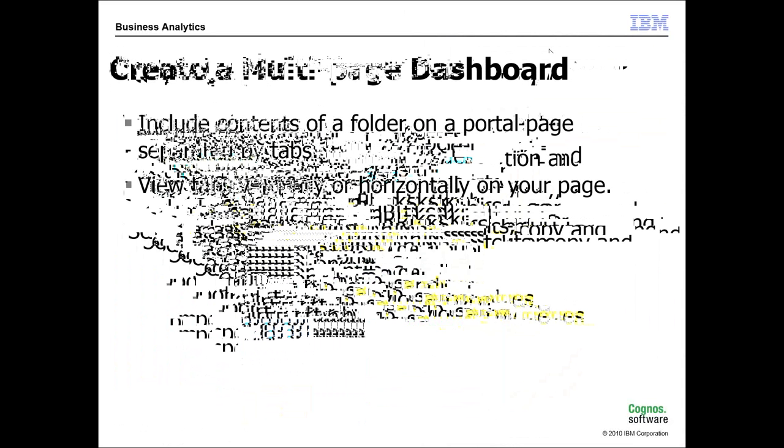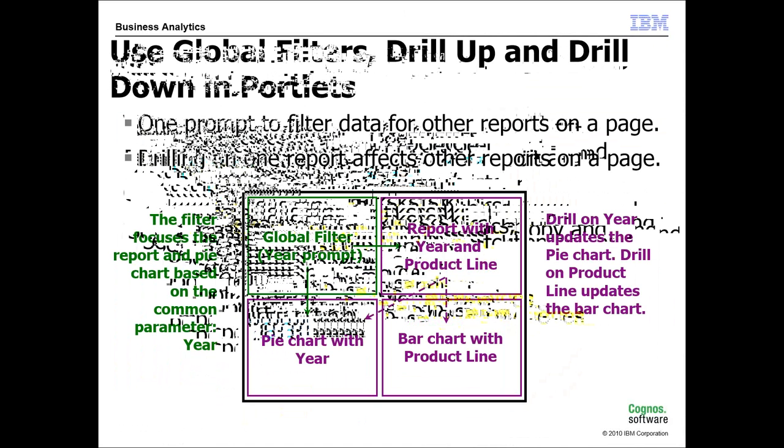You could have a dashboard for marketing, a dashboard for sales, a dashboard for production, another one for customer support, and really mix and match. You can include widgets that ship out of the box with existing reports that have already been generated. And as you can see, you could have your tabs vertically or horizontally on your page. The sky is the limit, really, when it comes to customization within Cognos Connection.